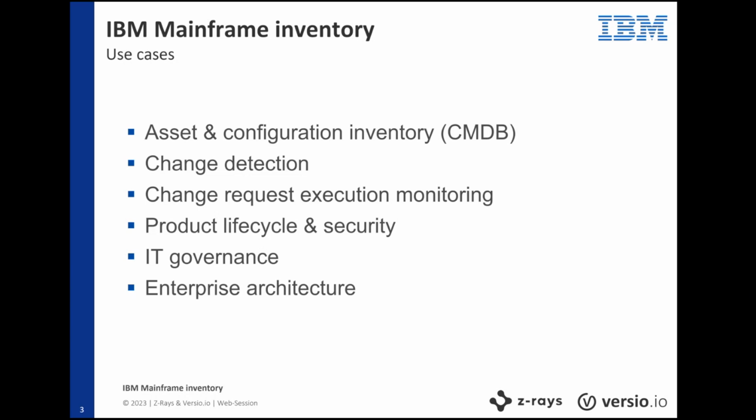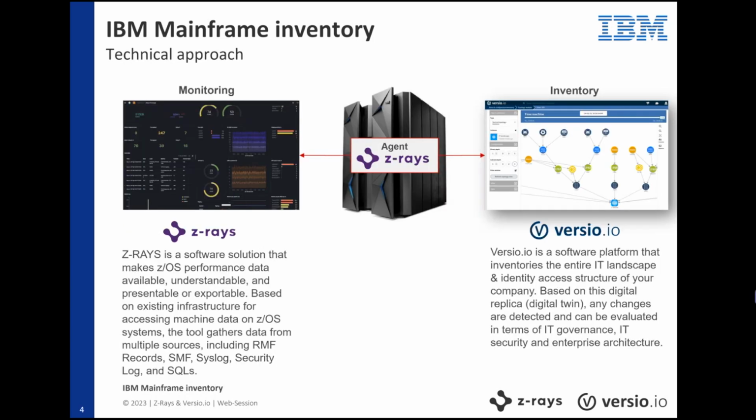Radoslav, how can customers implement the whole thing technically? Okay, so Z-Race software is the primary tool supporting administration with an exhaustive and coherent view, and alerting if anything happens, thanks to smart machine data collection and machine learning algorithms.